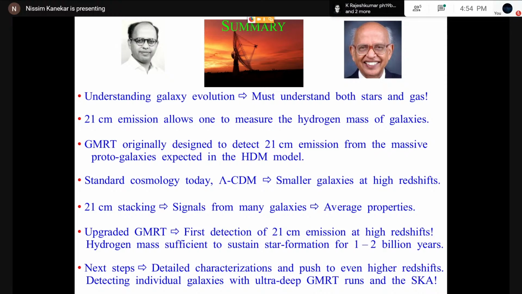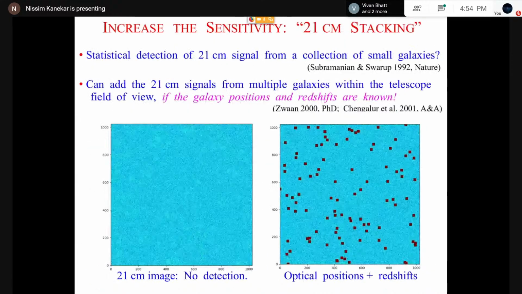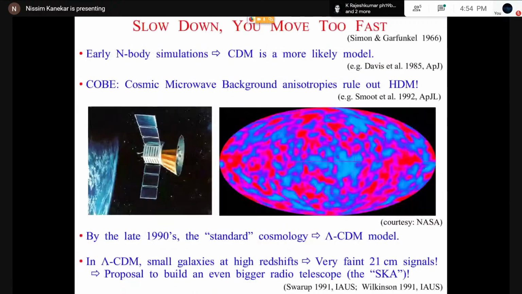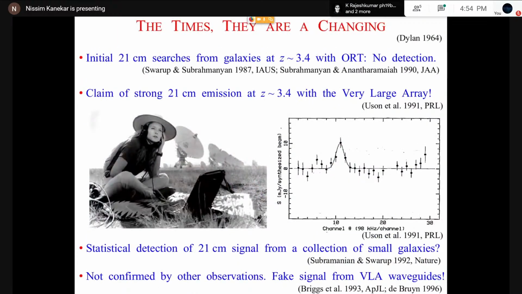Yes, of course. So the first one we have is, what exactly was wrong with Subramaniam and Swarup's Nature 1992 proposal of the 21 centimeter line from a host of small galaxies? Oh, okay. So there was nothing actually wrong with it. They were trying to explain the signal that you see over here.